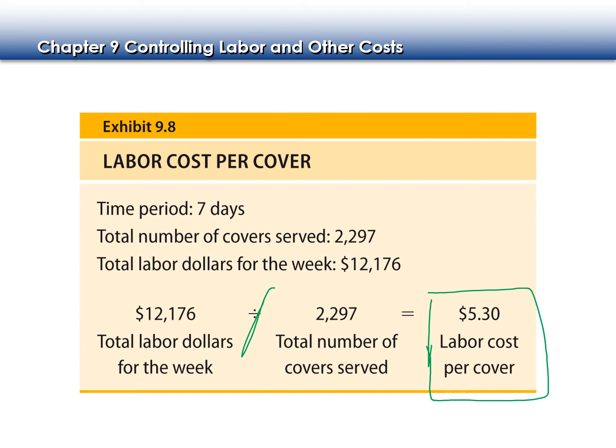Labor cost is going to include not just servers, but also kitchen staff, the dishwashers, the host and hostess, so all the labor dollars that we have. If we're going to remain profitable, we want this number to be as low as possible to make sure that we are not exceeding our labor costs.